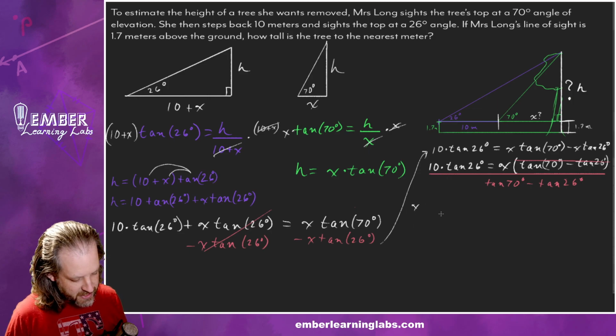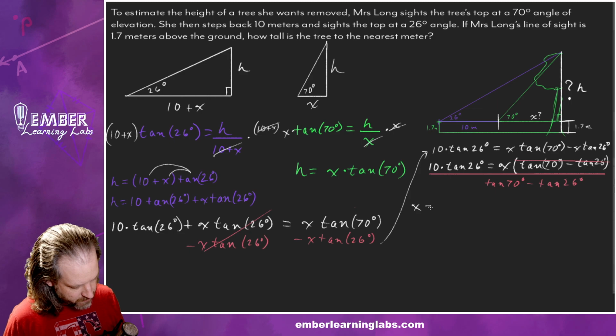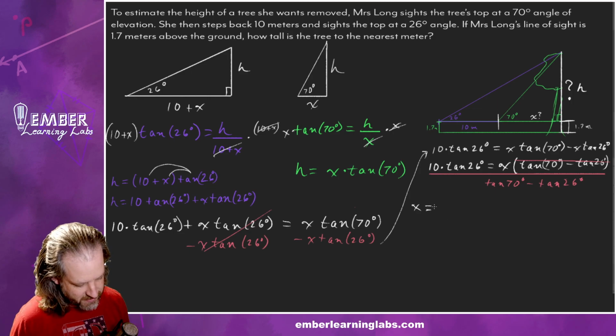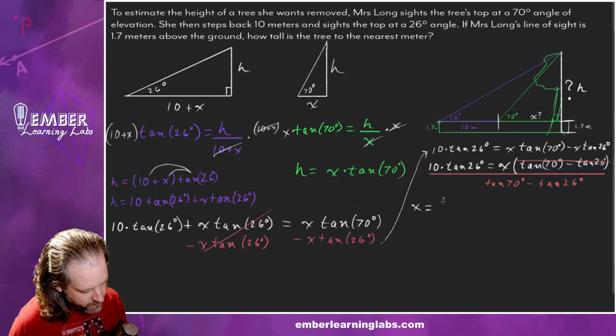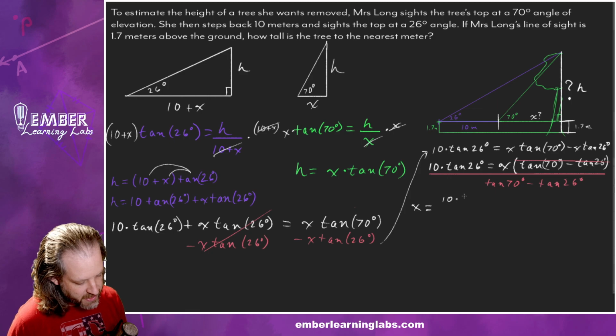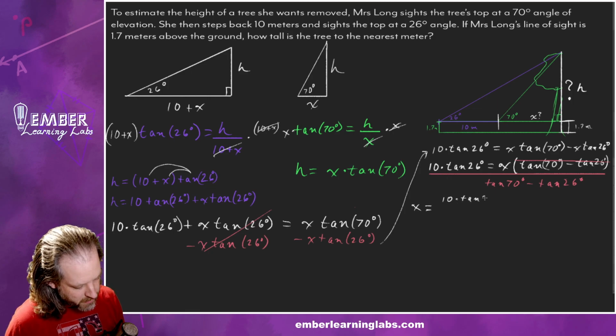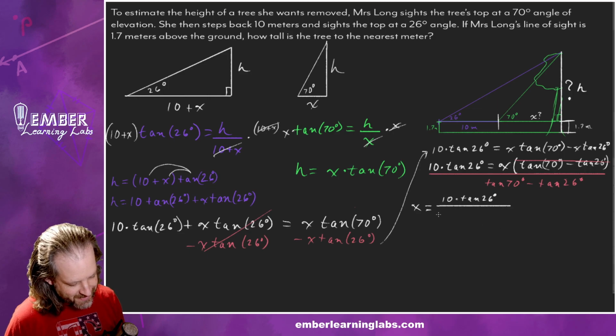So x equals 10 times the tangent of 26 degrees over the tangent of 70 degrees minus the tangent of 26 degrees. So all that equals x.